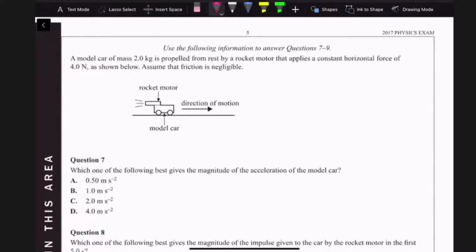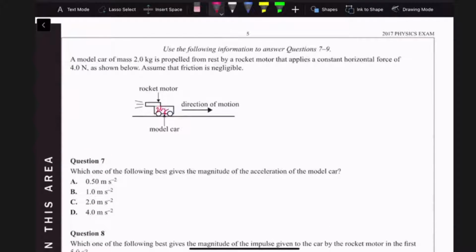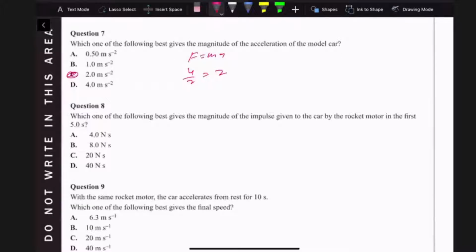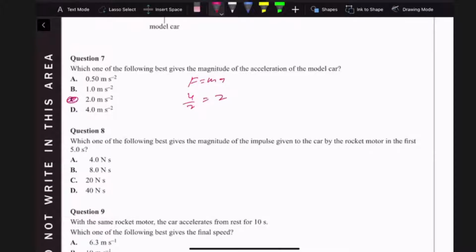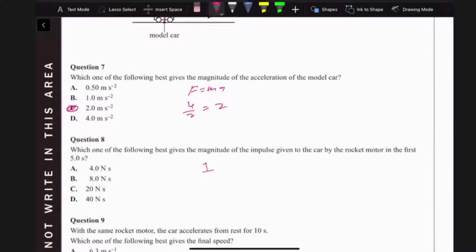So now we have a model car, which is 2 kilograms, and there's a horizontal force of 4 here. What's the magnitude of acceleration of the car? F equals ma, and then just 4 divided by 2 is 2, so it's C. What's the magnitude of the impulse in the first 5 seconds?